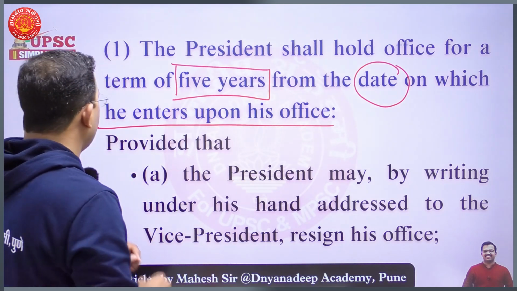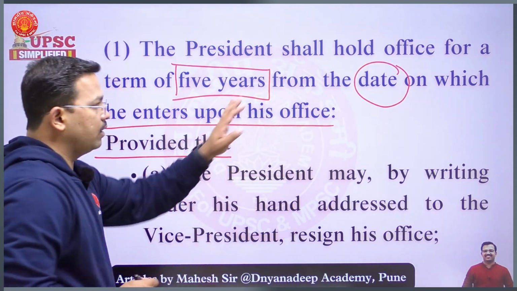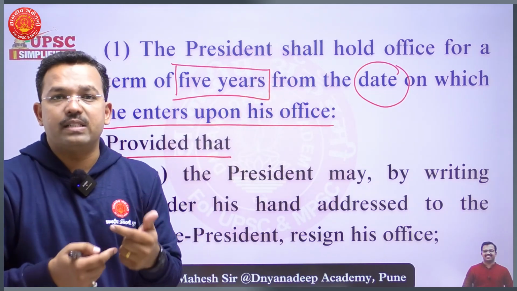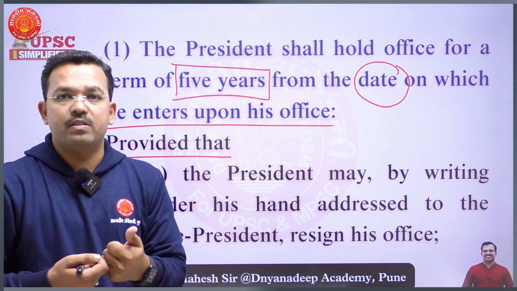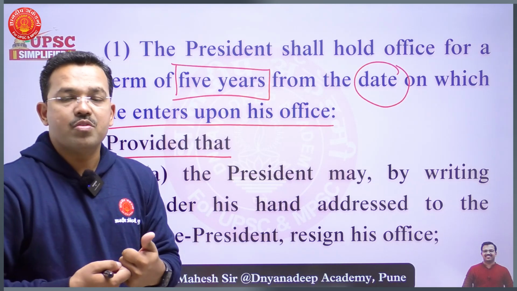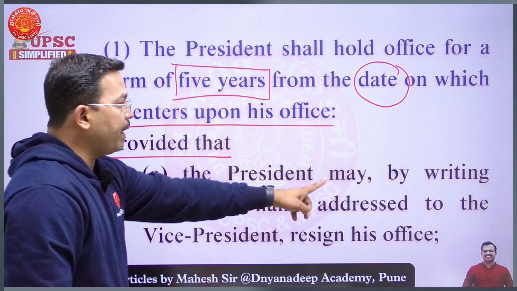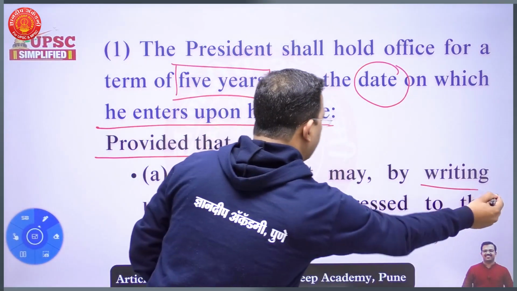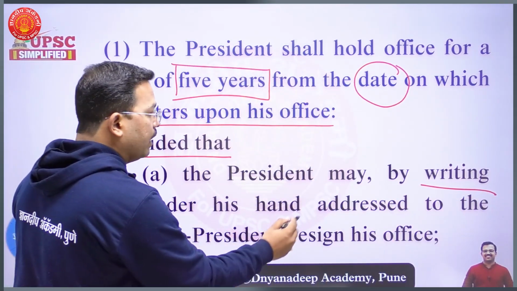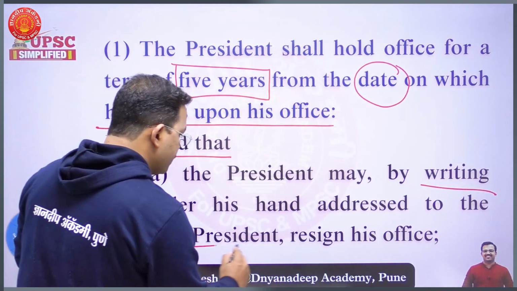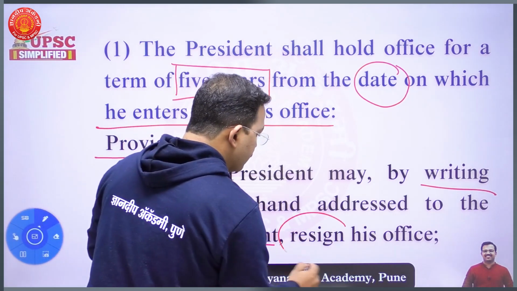Now, provided that, see, the term is there, but there are certain exceptions, certain things to remember. What are those things to remember? Provided that the President may, by writing under his hand addressed to the Vice President of India, resign his office.